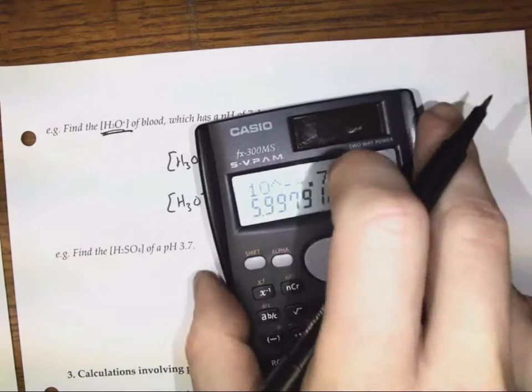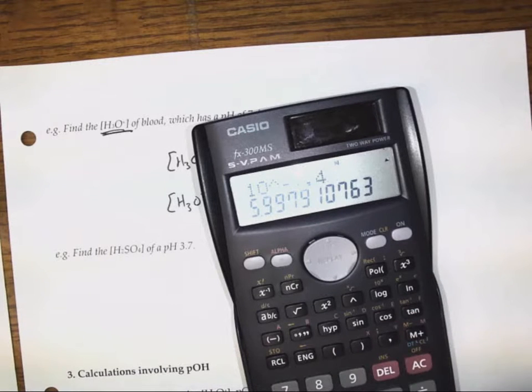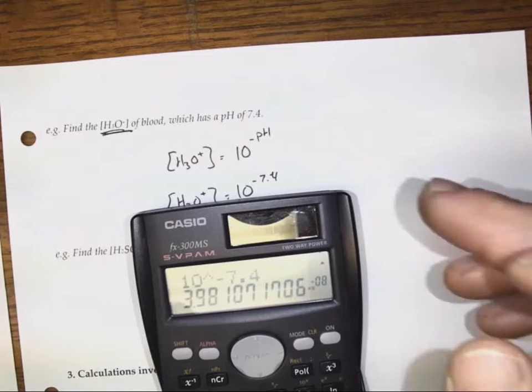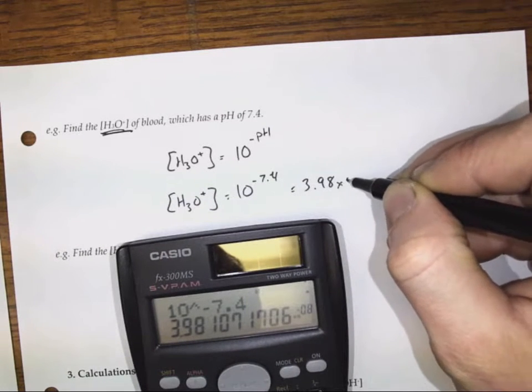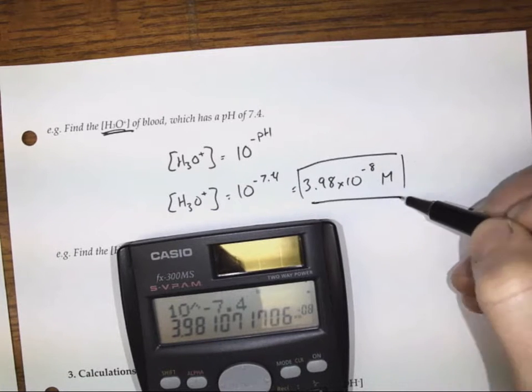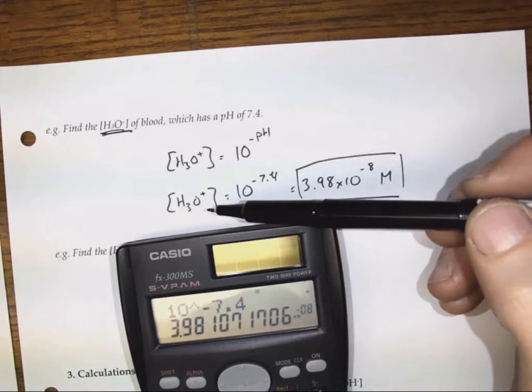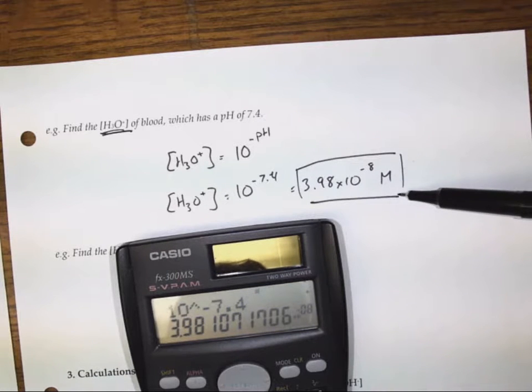So what's the hydrogen ion concentration of blood? It's 10 to the power negative 7.4. And it's small. We get 3.98 times 10 to the negative 8 molar. Now, that should make sense because the hydronium ion concentration in a basic solution is probably pretty small. And it turns out it is.